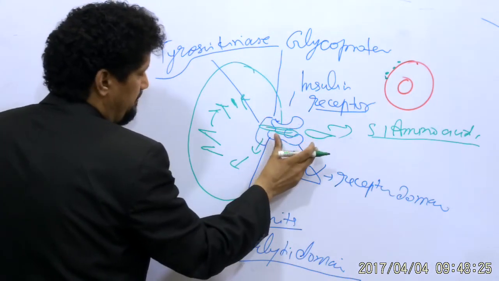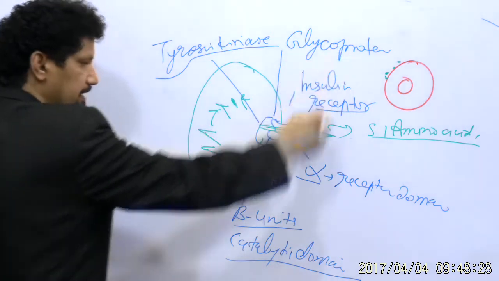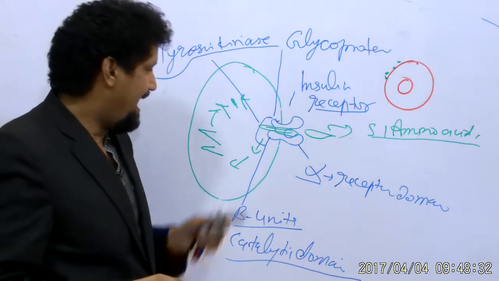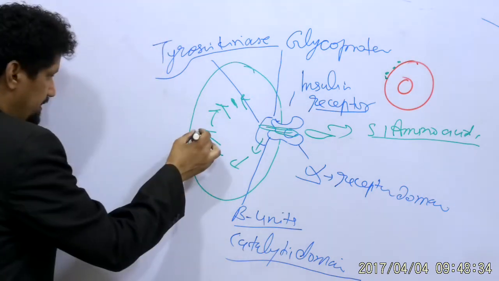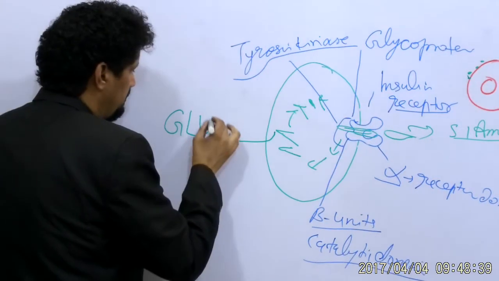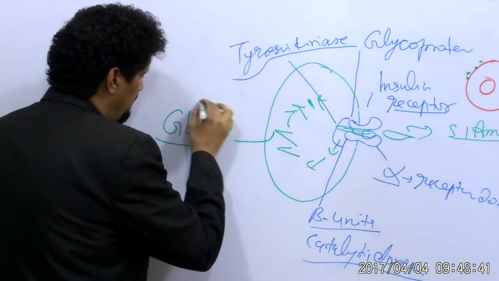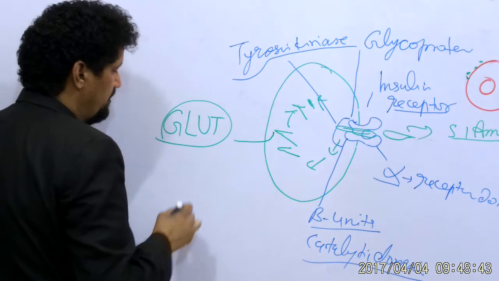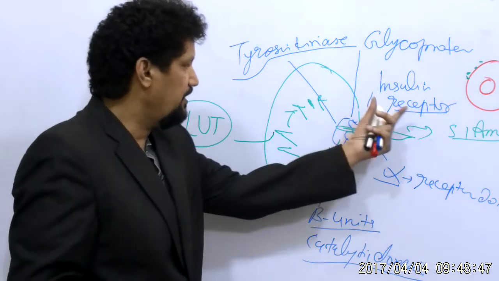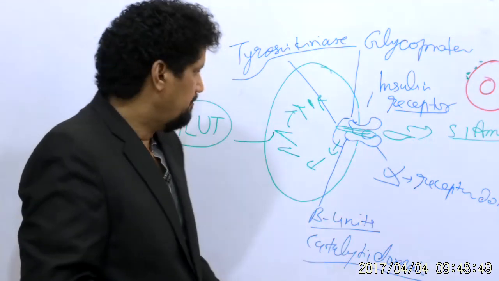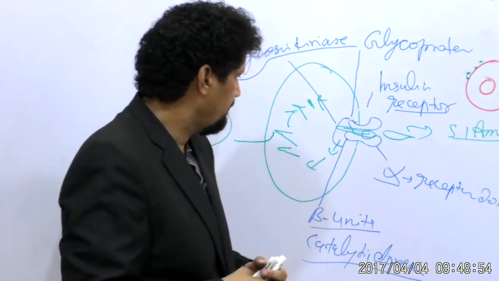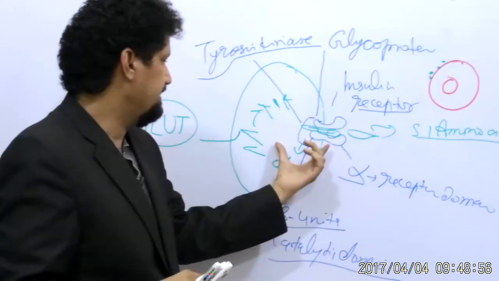This insulin receptor is made up of glycoproteins having 2 alpha and 2 beta units, and it is carried by GLUT4, glucose transporter 4, and this plays a key role in the entry of glucose inside the cell.